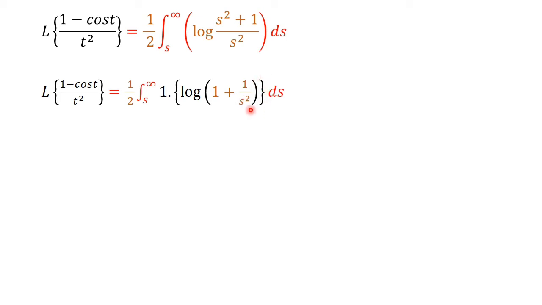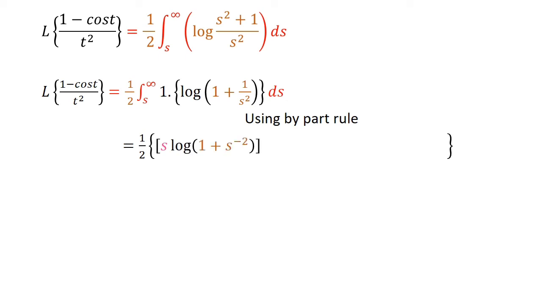After this we are using simple integration. For this we apply integration by parts, and we take log as the first term and 1 as the second term. So the first term is as it is, integration of the second. So half, the s log term as it is, minus the differentiation of the logarithmic term.